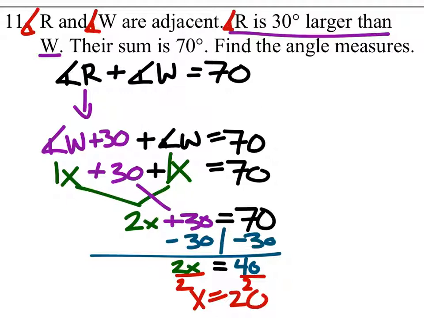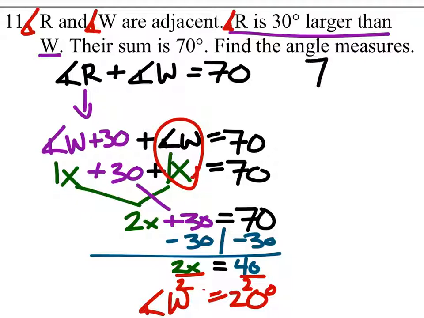Now x, though, we need to look back, right? X was actually, we replaced it with angle W. So that means that angle W is 20 degrees. Now if angle R plus angle W is 70 degrees, then how big is angle R? 50.